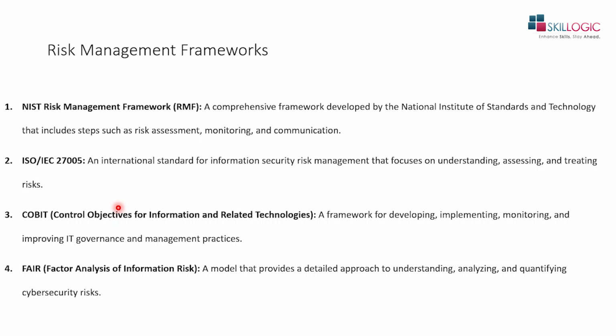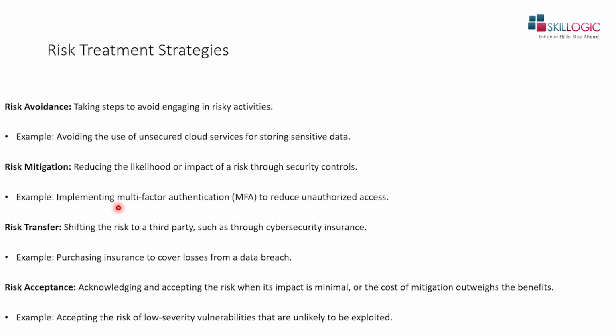COBIT, Control Objectives for Information and Related Technologies, is a framework for developing, implementing, monitoring, and improving the governance and management practices in IT. FAIR, Factor Analysis of Information Risk, is a model that provides a detailed approach to understanding, analyzing, and quantifying cybersecurity risks.